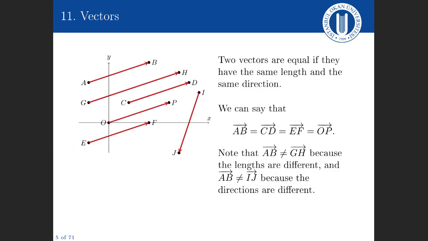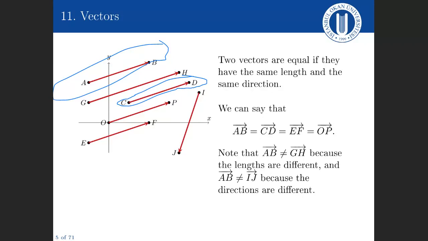We say that two vectors are equal if they have the same length and the same direction. It doesn't matter if they have different initial points or different terminal points. All we care about is the length of the vector and the direction of the vector. So for example, in this picture, the vector AB is the same as the vector CD because the directions are the same and the lengths are the same.